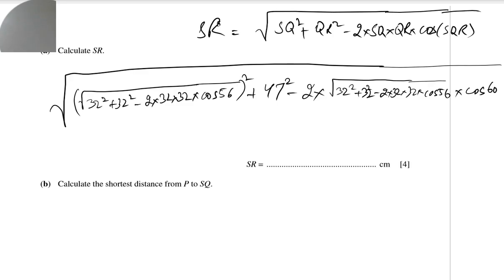Then you come out from the square root sign after closing the 56 bracket and into cos of 60. 55.51.